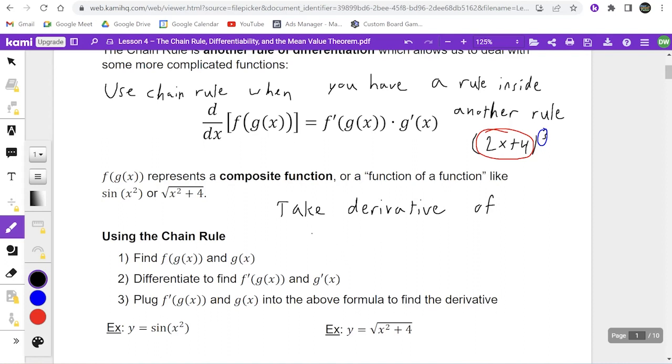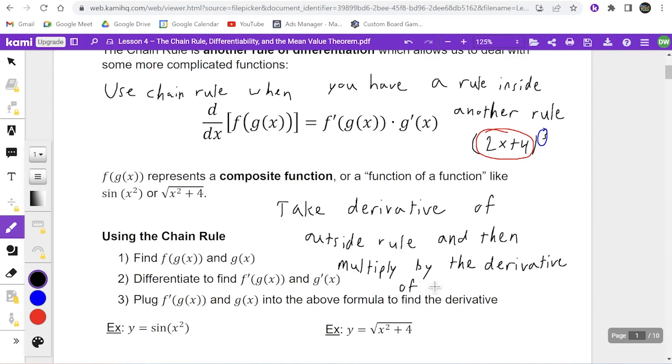of the outside rule, and then multiply by the derivative of the inside rule.